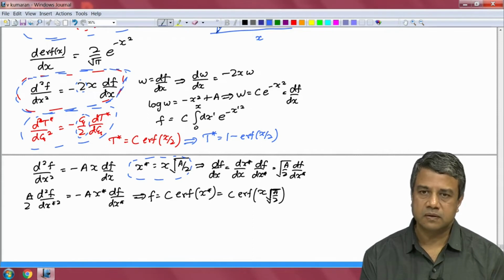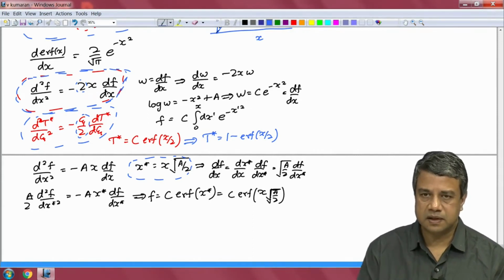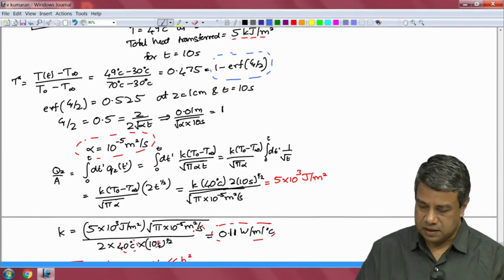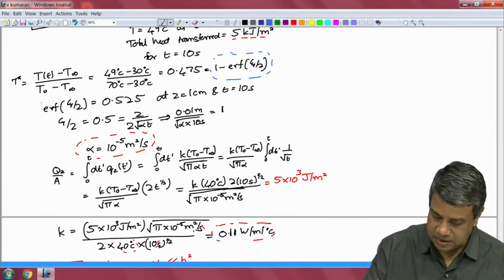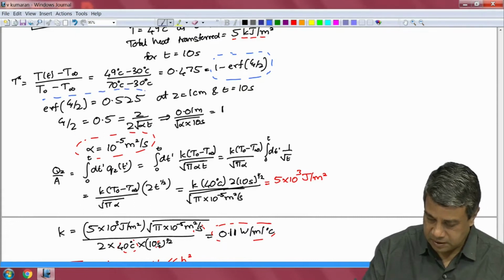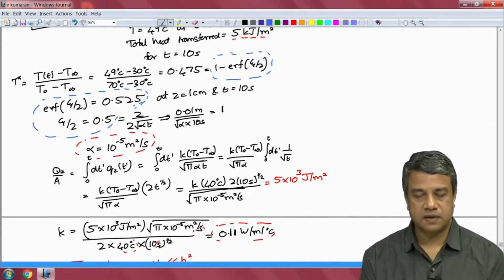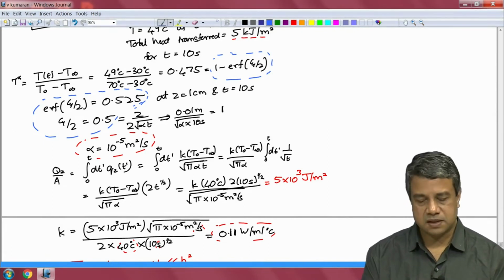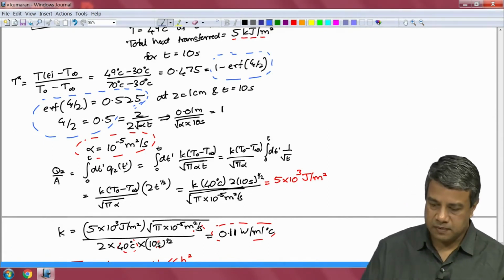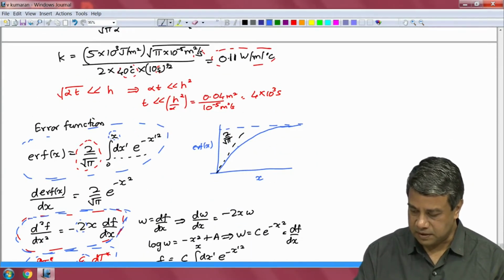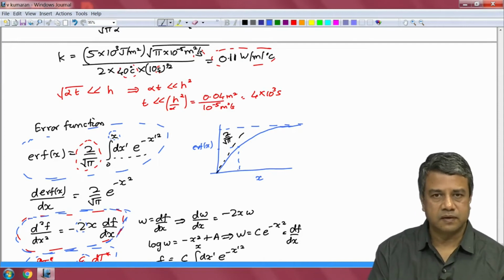Of course, if you have to do numerical calculations, you have to evaluate it from some tables or by some numerical method, which is what we had done in this case. When we went from this step to this step, I had inverted the error function. I had a solution, error function of psi by 2 is equal to 0.525, invert that to get psi by 2 is equal to 0.5 from, for example, a graph of this kind, or from standard tables.